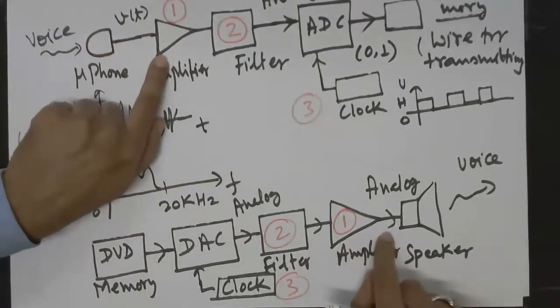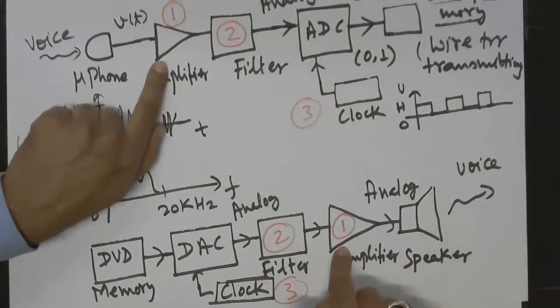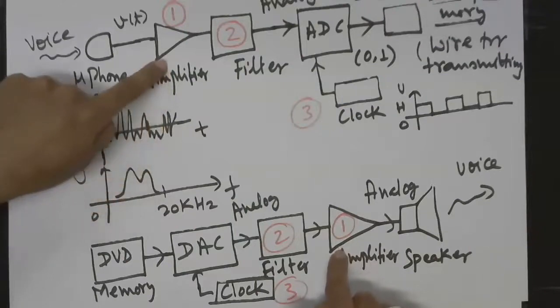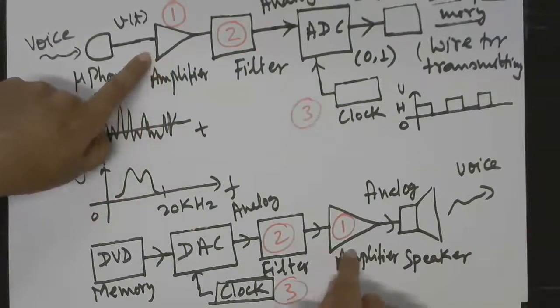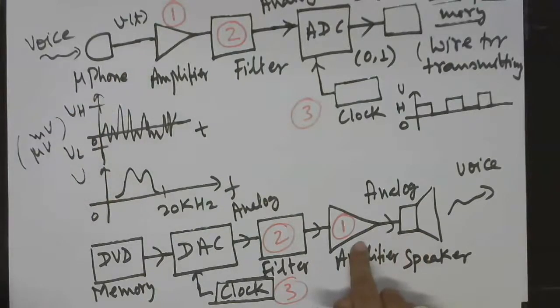And then on the receiver side, immediately before the speaker. Speaker is also a transducer. So both are analog, both are amplifiers, but there is a slightly different condition prevailing for the amplifier on the receiver side, that means immediately before the speaker.